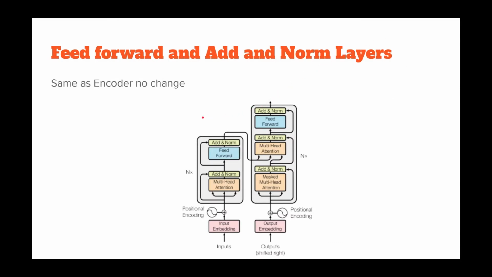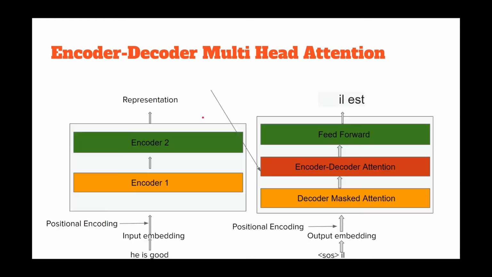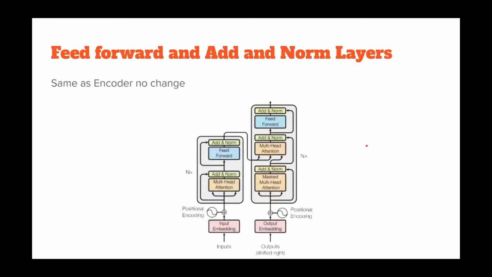Hi. We have seen the other two stages, the decoder masked attention and encoder-decoder attention layers. Then we will look at the feed forward. Same as the encoder, there is no change. You will have the add and norm layer and the skip connections.